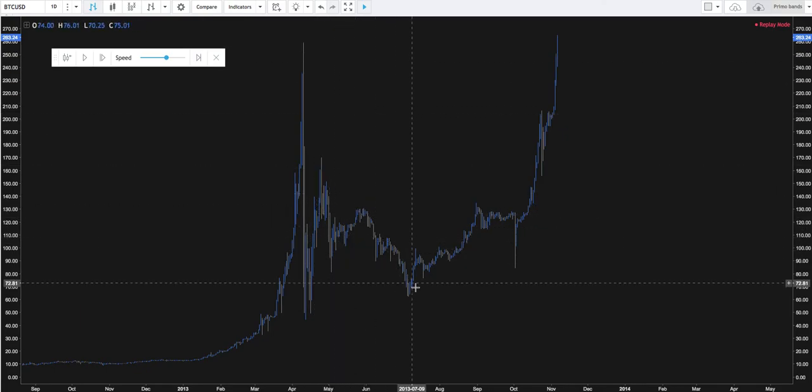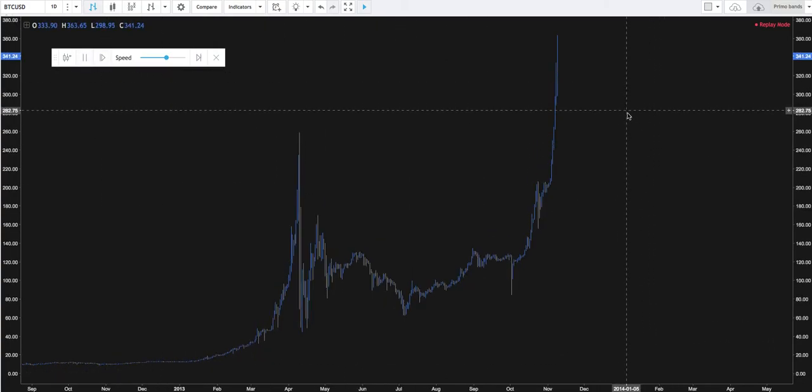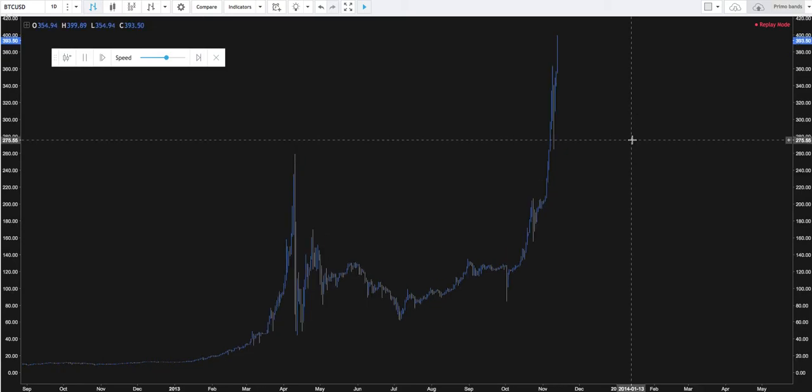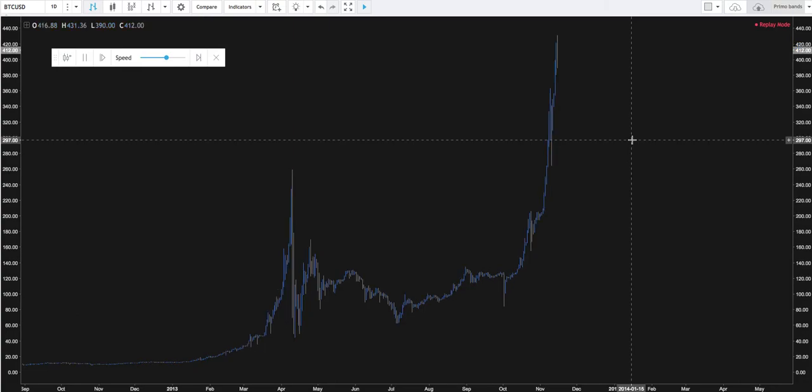This is the aftermath of that bubble popping. And then this is the next step. So now we're starting off where the old bubble left off, okay? So now we're going to enable the day by day. So we went from a starting point of roughly $260, and then we started going north again.